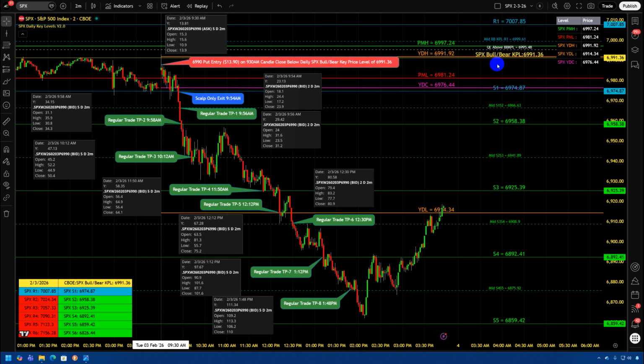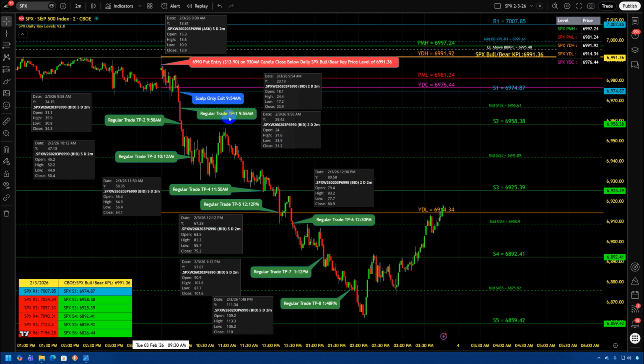The 1.5 level move is calculated from the level that you're taking the trade from, and then the direction of the trade is down in this particular case. So 1.5 levels down is the mid S1, S2 level from the bull bear KPL level. And as you can see here at 9:56 a.m., the mid S1, S2 level was hit for the regular trade and that minimum 1.5 level move threshold.